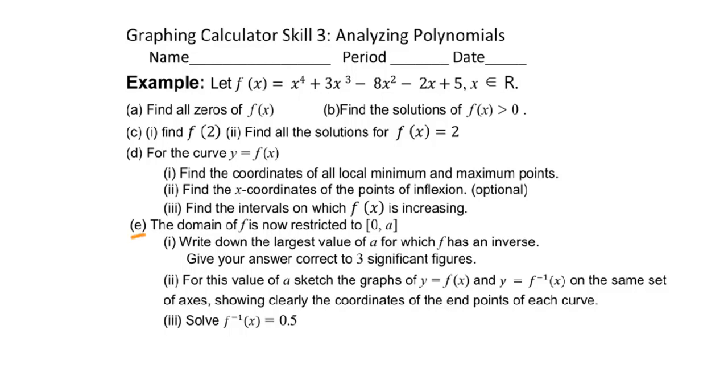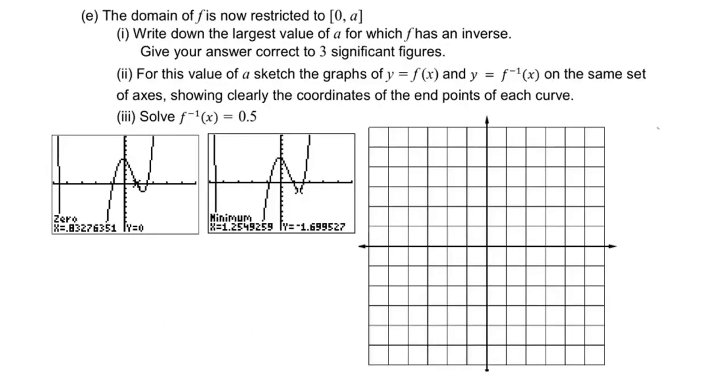Let's go to E. According to the graphing calculator, we already got the a equals 1.255. So for second question for E, for this interval a, sketch the graph of y equals f(x) and y equals inverse f of x. According to the graphing calculator, we got this point that will be 0.833 and 0.